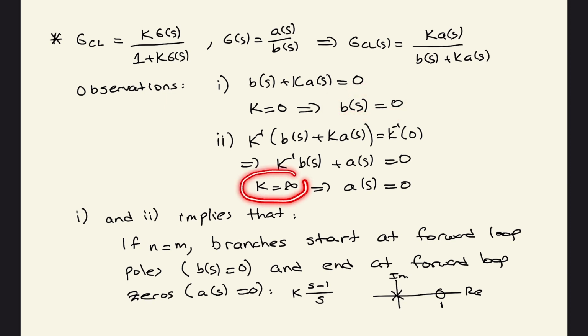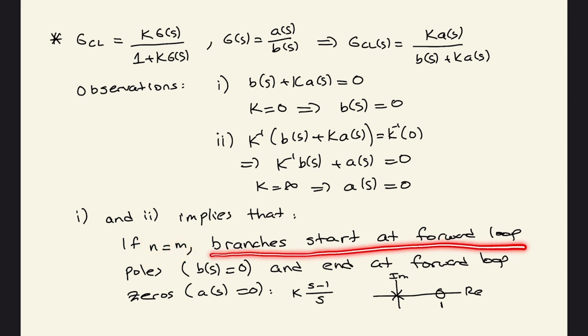When gain equals infinity, closed loop poles do match with the zeros of the forward loop transfer function. This means the following. When the number of forward loop poles equals the number of forward loop zeros, these branches start at forward loop poles and end at the forward loop zeros.